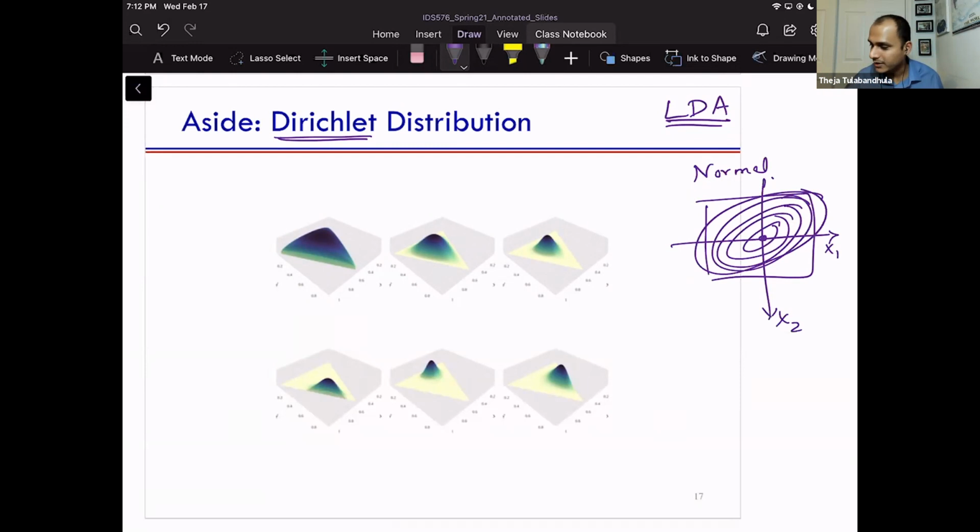In one dimension it will look like this, but in 2 dimensions you can imagine an inverted bell. If you look at it from any side, it's going to look like a bell, but from the top, it's going to be like a contour plot. This is called a contour plot, by the way. It looks like a bunch of concentric ellipses in general, or even circles if the distribution is symmetric.